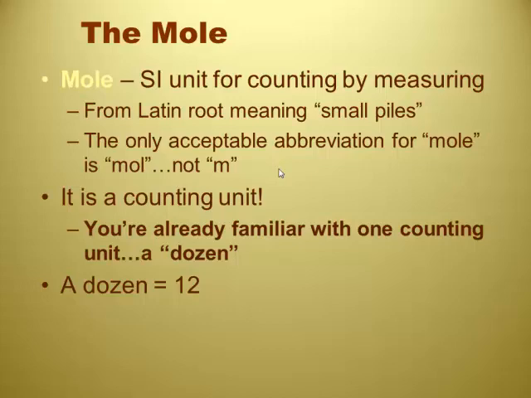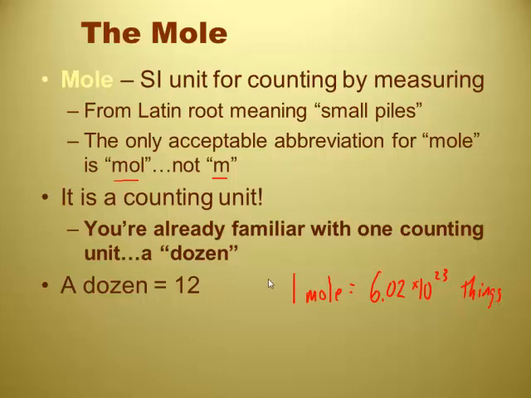The only acceptable abbreviation for mole is MOL. You cannot use the letter M because the letter M stands for meter. So mole is MOL. It is a counting unit. If you're familiar with the idea of a dozen being 12, then you should be familiar with the idea of a mole. 1 mole is equal to 6.02 times 10 to the 23rd things.